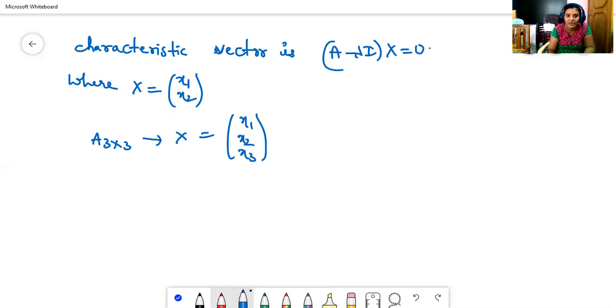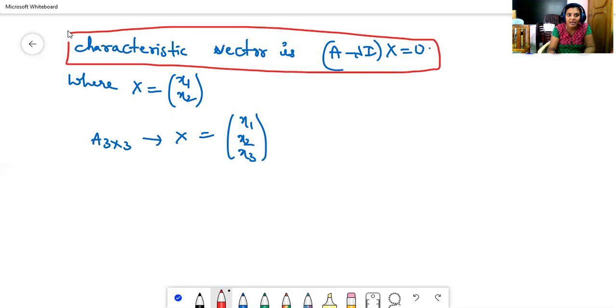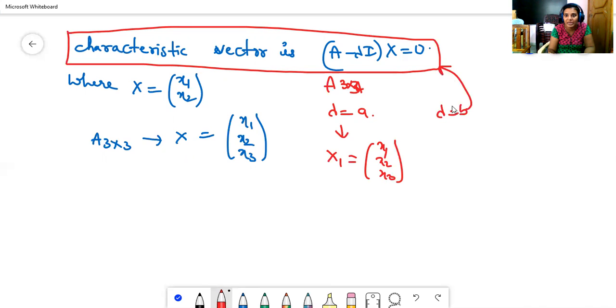By using the characteristic vector equation, we get the vectors. If we substitute lambda equal to a, then we get X1 as the corresponding characteristic vector. In this X1, we take X1, X2, X3 if it is a 3 by 3 matrix. If lambda is equal to b, then we substitute in the above matrix.